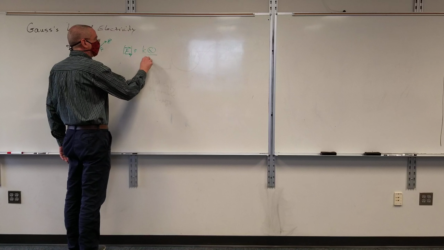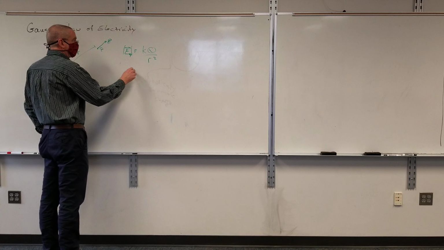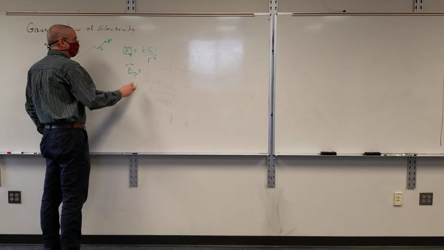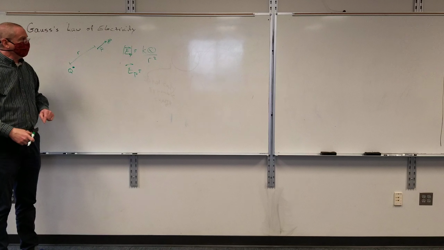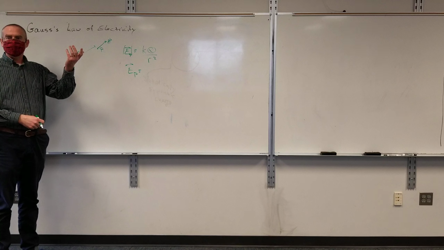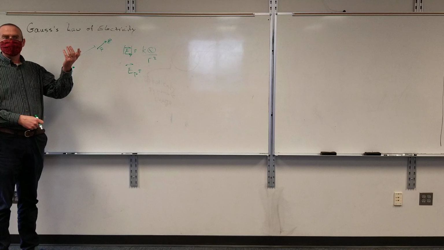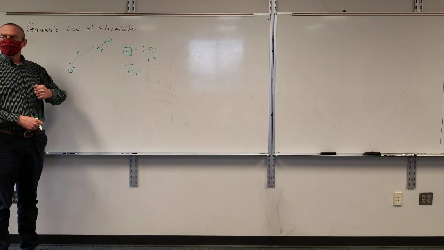So KQ over R squared, or if we did the actual vector form of it, the electric field at point P is, what would be different? I was going to say, would it be negative because he took away the absolute value, but there's nothing in there that's.